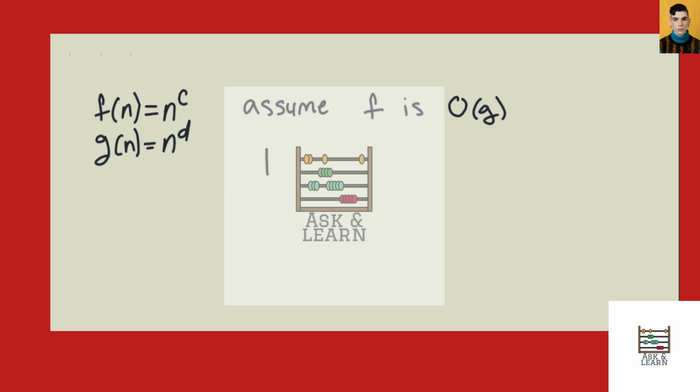So we are essentially assuming that the absolute value of n to the power of C must be less than or equal to some constant C times the absolute value of n to the power of D, whenever n is greater than some k. We can choose k to be positive without loss of generality, because if the above statement were true for negative k, it will also be true for any positive k. Okay, so we'll just assume k is positive.